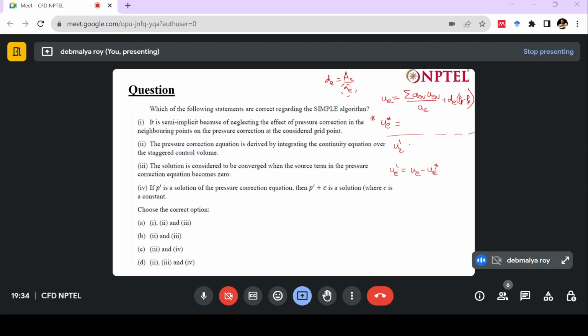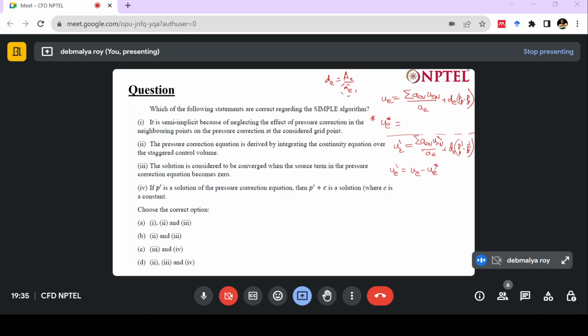So we have to calculate uv dash, and that we will substitute. So these coefficients will be there.